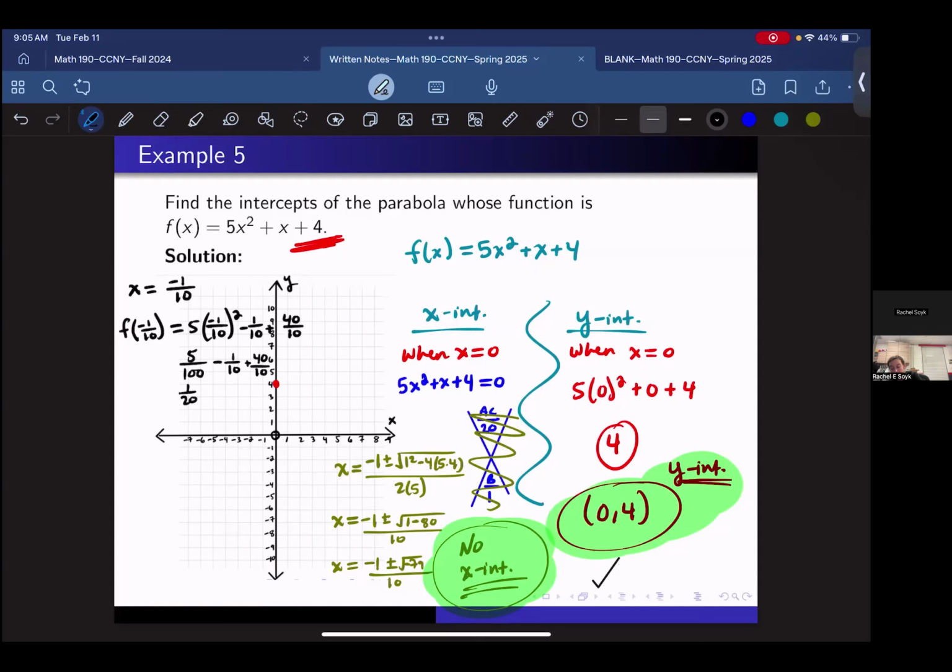39 over 10 is the same as 78 over 20. So we're really just looking at 79 over 20, which is a little less than 4, right? It's 3 and 19/20. So our vertex is -1/10, comma, 3 and 19/20.